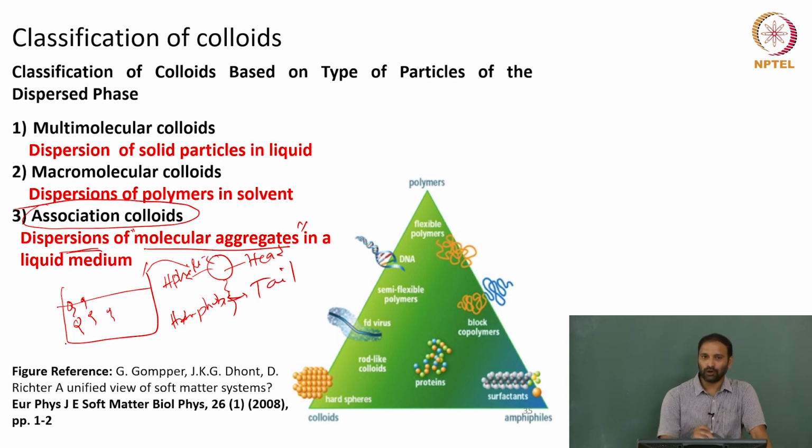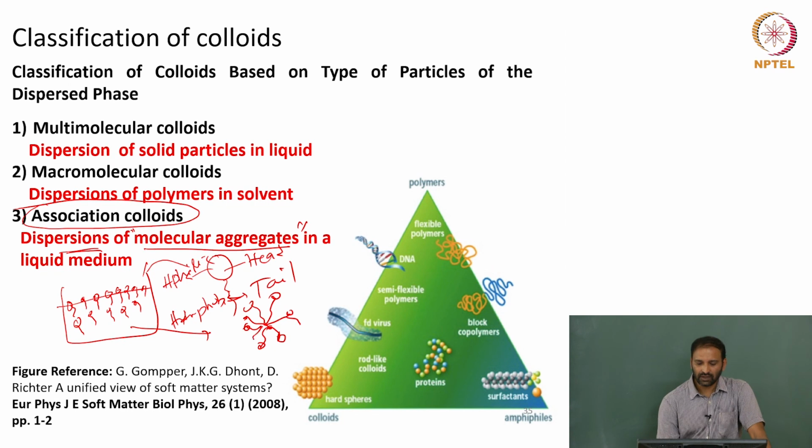As I go on adding more and more surfactant, more free molecules may form here, and more occupy the interface. When you add enough that the entire interface is completely occupied with surfactant molecules, anything more that you add will go and form molecular aggregates, which are called micelles.